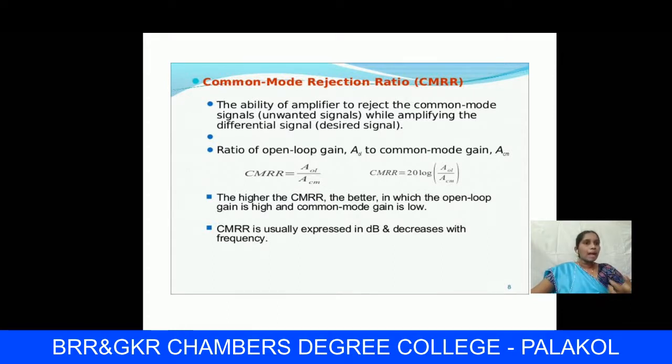How much capability an operational amplifier has to reject that signal is explained by the common mode rejection ratio. The basic definition of common mode rejection ratio is the ratio of open loop gain to common mode gain.